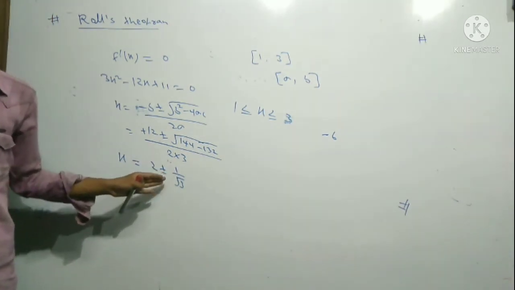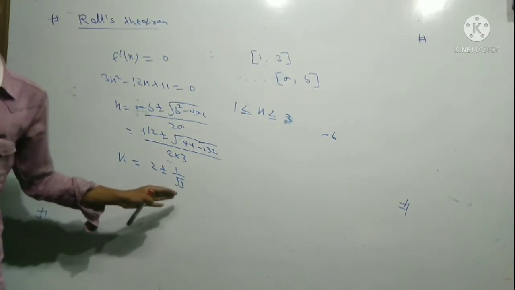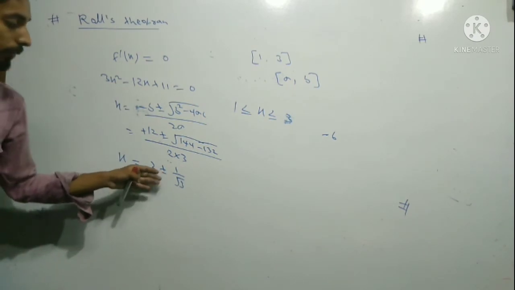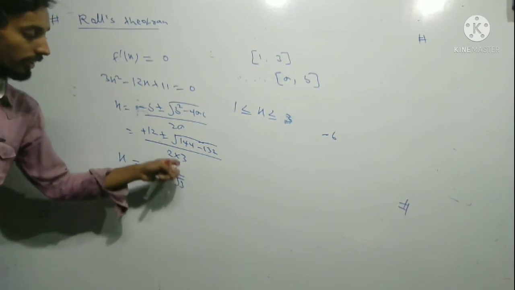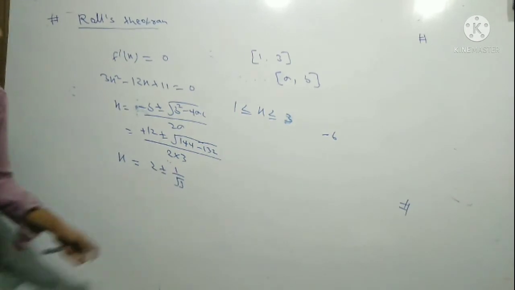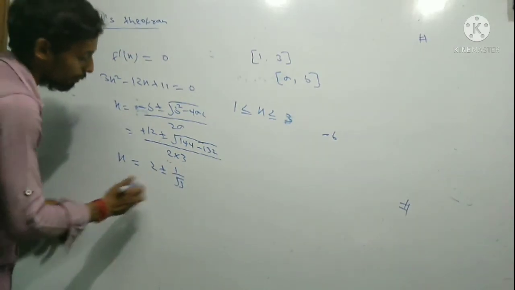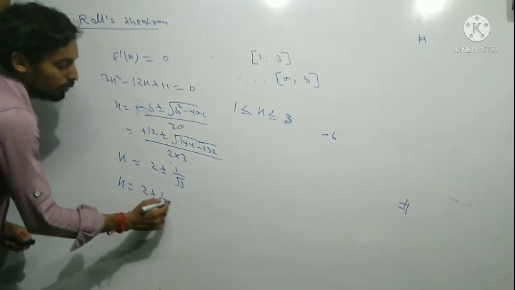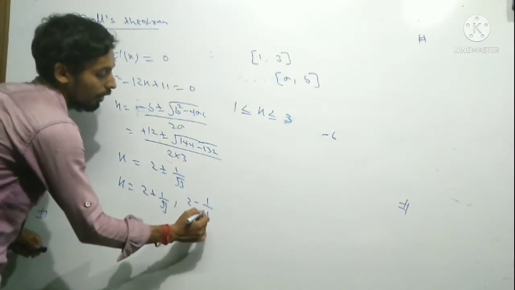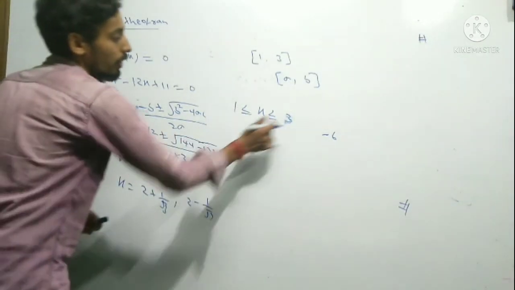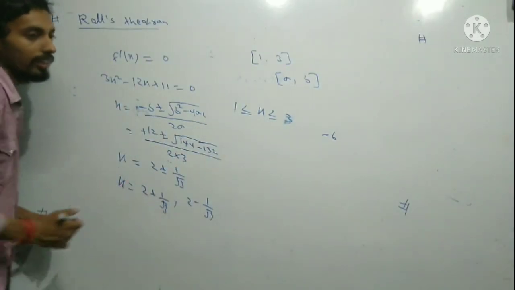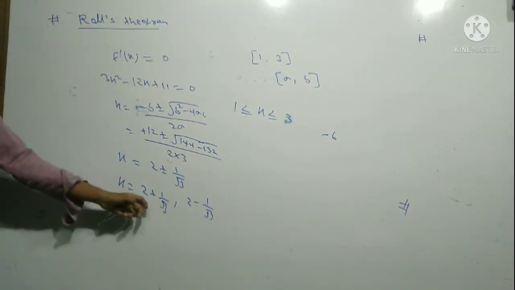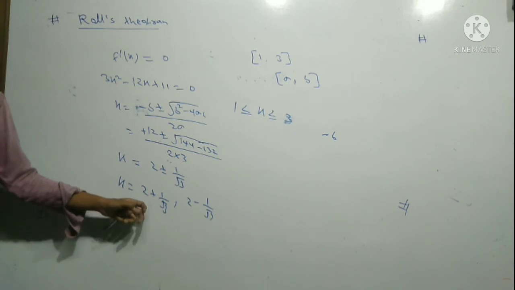So the values of x are 2 plus 1 by root 3, and the other is 2 minus 1 by root 3. Both values lie between 1 and 3. So here we get two values of c. So the condition applies, and Rolle's theorem is verified.